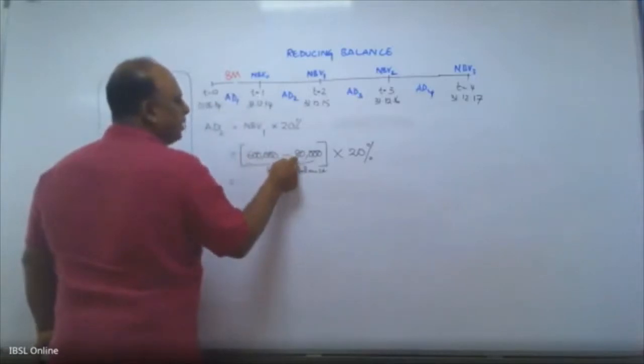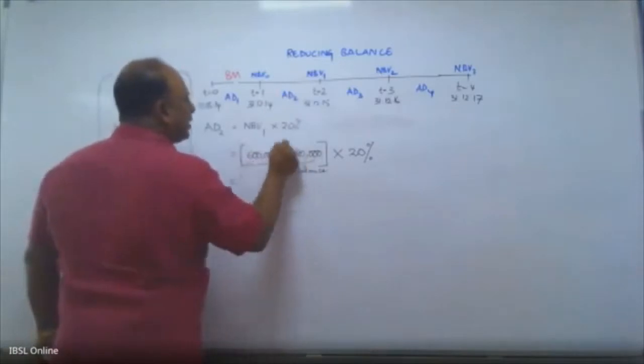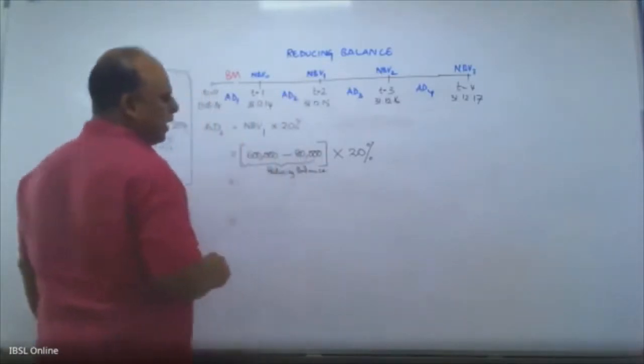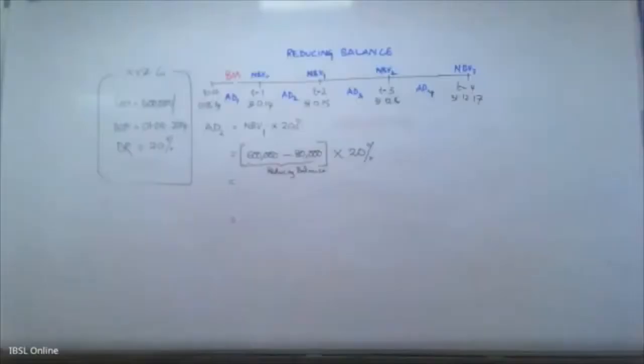So NBV 1 will be cost minus accumulated depreciation as at 2014. So what is the amount here? Answer? 104,000, I think. Yes, sir. Okay. 104,000.